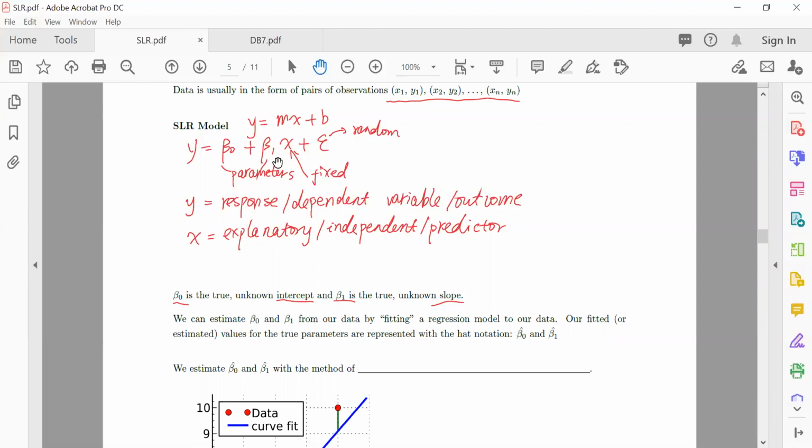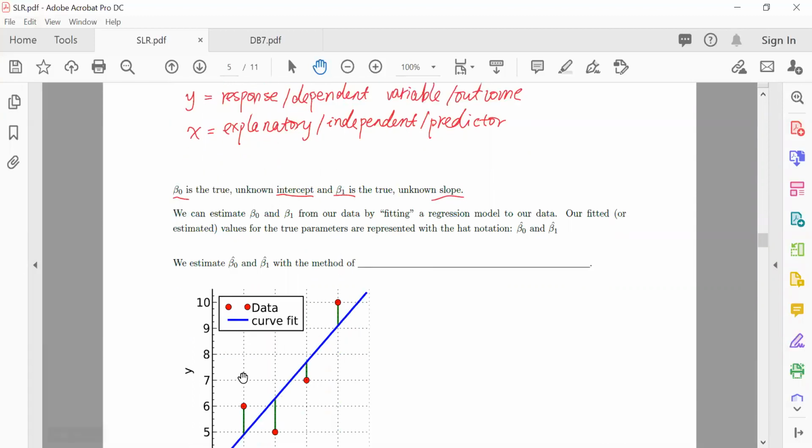If we use our data to find the best fitted line, then the beta 0 hat and beta 1 hat that we got from our data are called estimated, or fitted parameters.